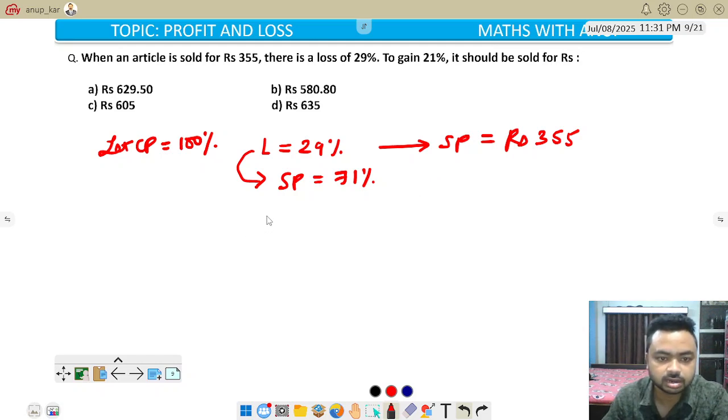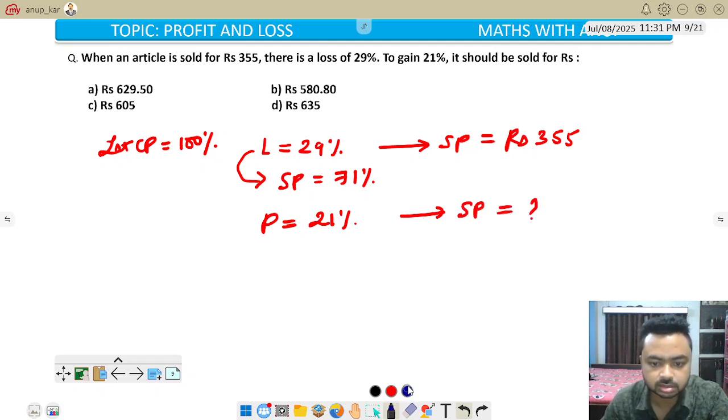Now to gain 21%, what would be my selling price? So here also my selling price percentage will be equivalent to 121%.